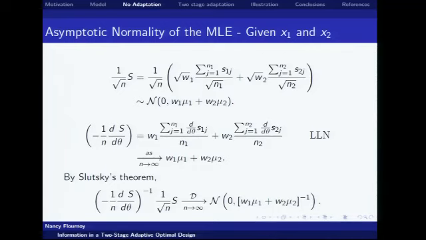In the denominator, we have the average of the second derivatives of the score function. Again, we have a weighted sum of two sample averages, and the law of large numbers gives us the weighted sum of the information matrix. We're still talking in the IID case.